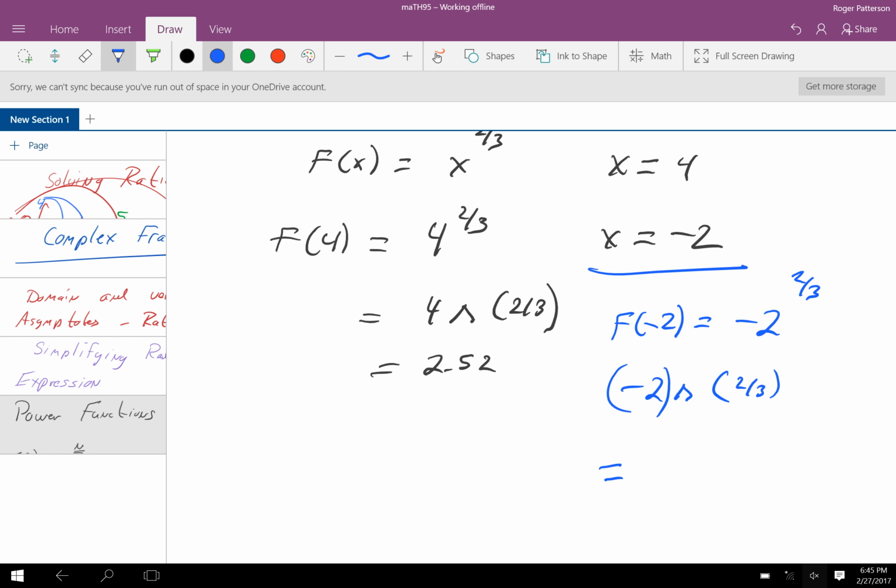Negative 2 to the 2/3. What do we get there? There we go. So again, all you're doing is just substituting things in.